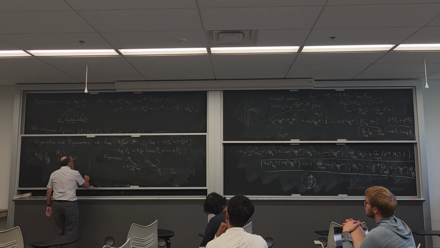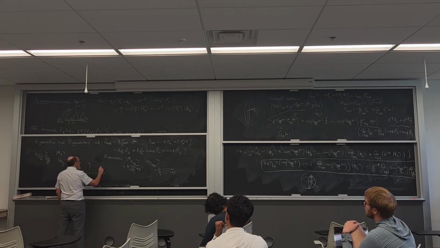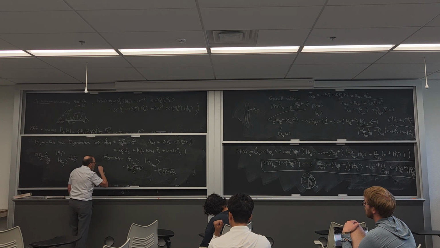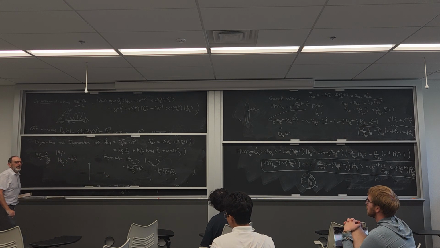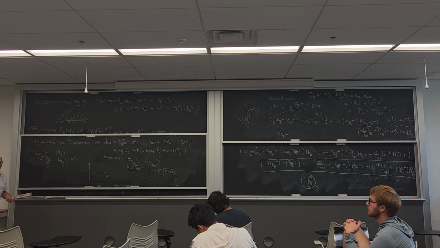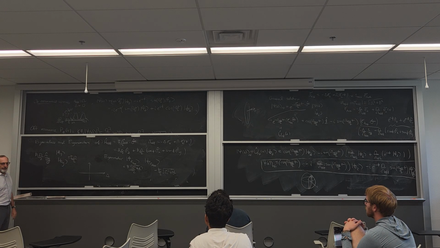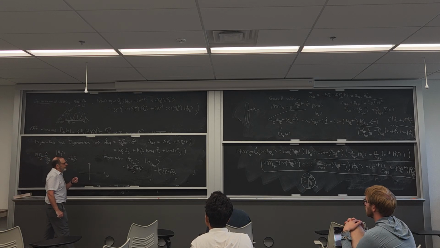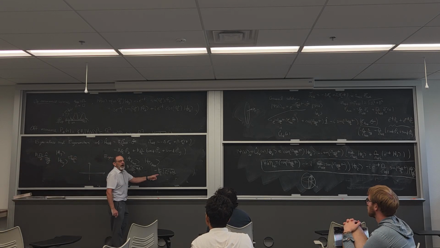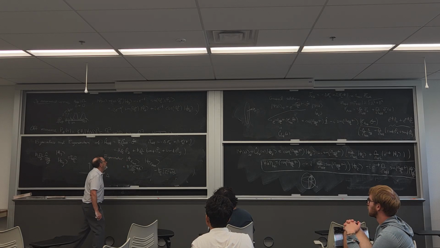Let's write down what the eigenvalues are as a function of delta. Okay? So if I look at the eigenvalues as a function of the detuning, these are hyperbolas, right?